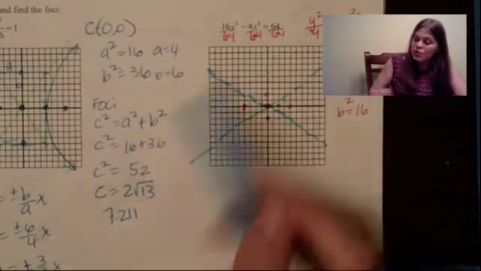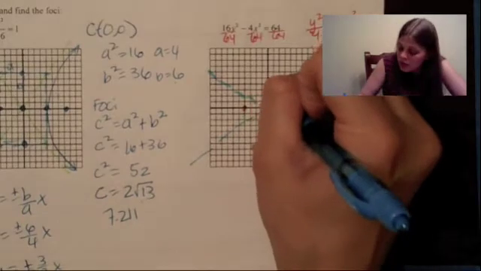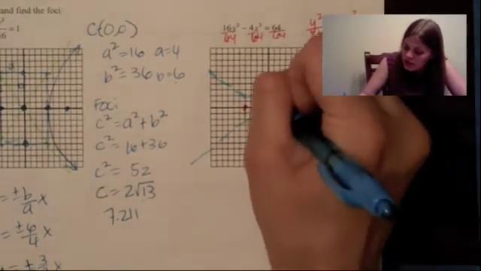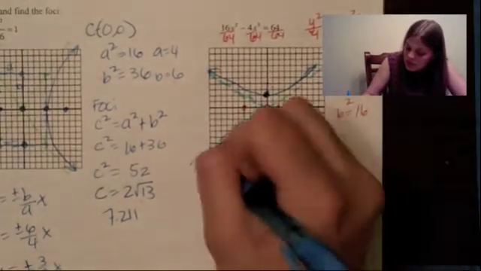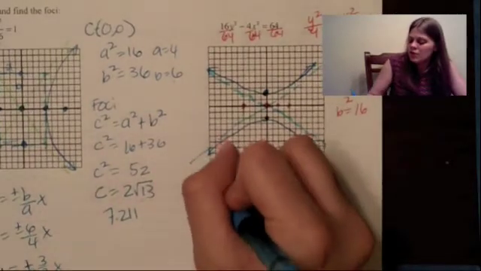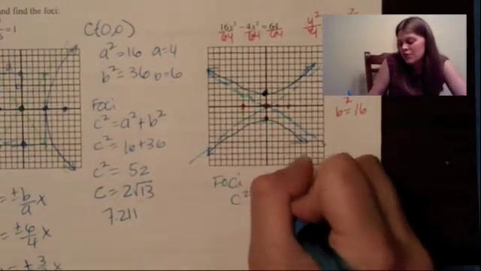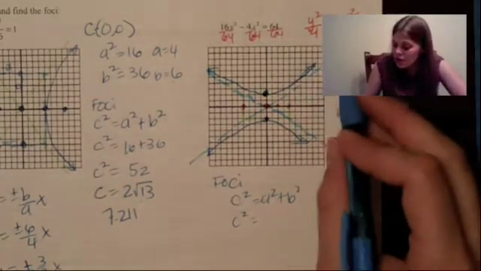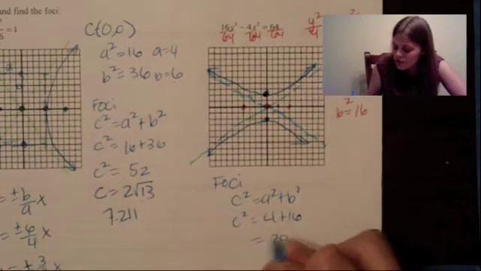Since y squared is positive, I'm going to be opening up. So I'm going to start at my vertex here and create one that pulls towards my asymptotes, like that. For your foci, you use c squared equals a squared plus b squared. So your c squared is 4 plus 16, which is 20.